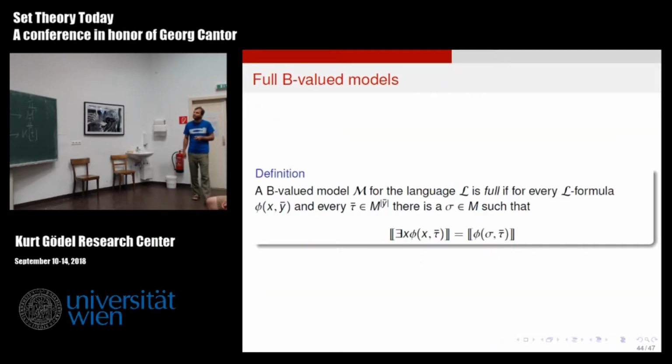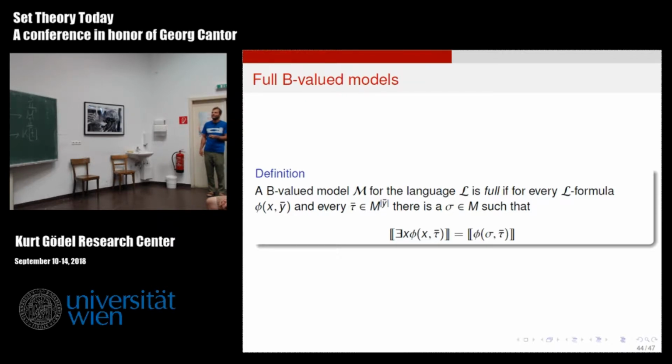And well, the problem is that, if you are not paying attention, you will end up having Boolean valued models which are not well behaved. In order to be well behaved, you need the maximum property. You need that for whichever existential formula you compute, the Boolean value of the existential formula is not a sup, as it is in the definition, but a max.